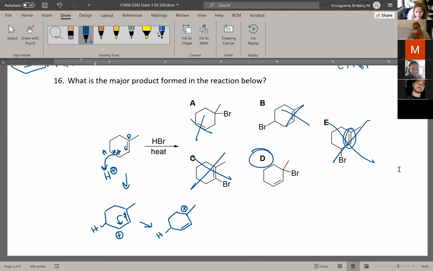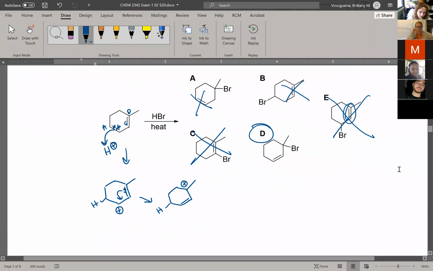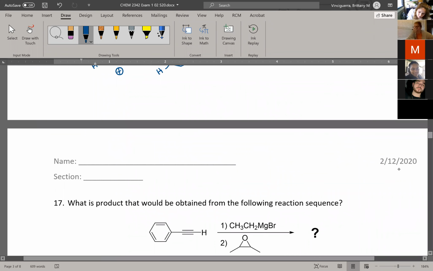That would not give us an allylic carbocation. So if we had protonated carbon C, we would have ended up with this carbocation, which is not allylic. Okay, so that's how you get to product D.